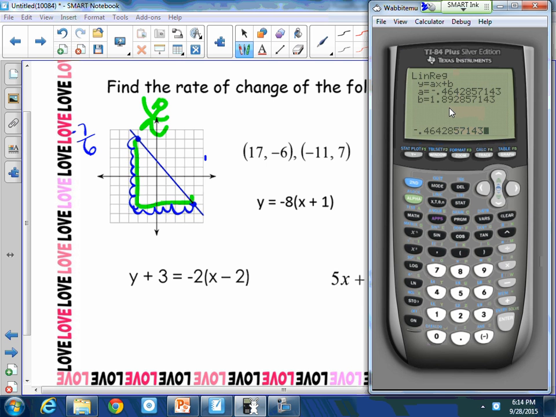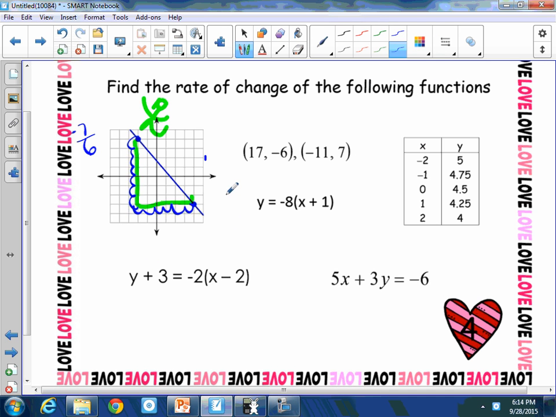Let me make sure that I got it right. 0.46, 42, 85, 7143. Okay, now I'm going to go to math. Change that to a fraction. Uh-oh, it's an irrational number, so let's go ahead and just leave it as a fraction. It won't change it, okay? So I believe it was negative 0.46. Okay, for this one, I would distribute.